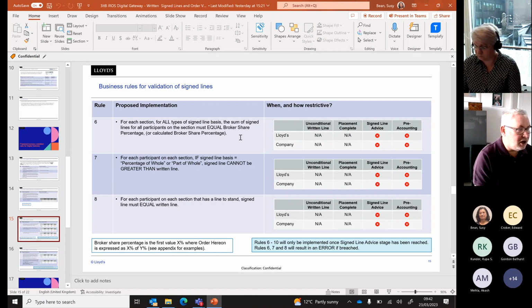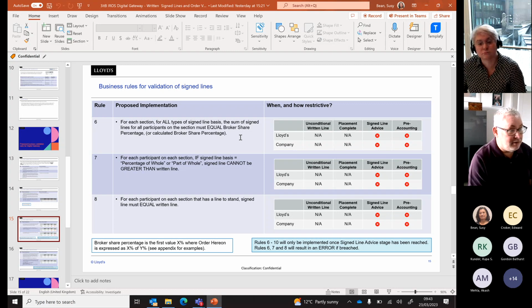I'm sitting here thinking, surely these rules are already embedded in every broker PAS, and is there a sanity check necessary here to make sure that, and just pick one closest to home to you, the Brokershire Enterprise, Desktop, GX Global XP, whatever, take your pick. How consistent are the rules you're proposing here in the gateway, which essentially is validating the product of those broker systems and many others?